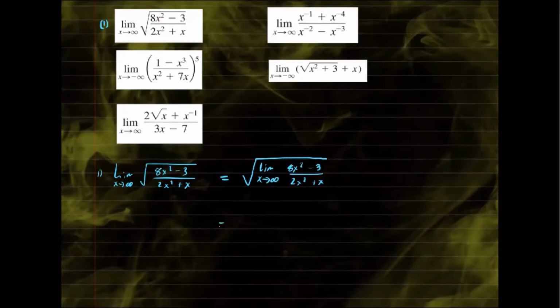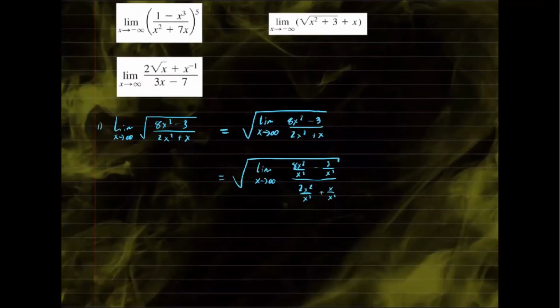So if we do that, we have the square root of the limit as x approaches infinity. So 8x squared divided by x squared minus 3 over x squared all over 2x squared over x squared plus x over x squared. And once I have done that, I will simply simplify.